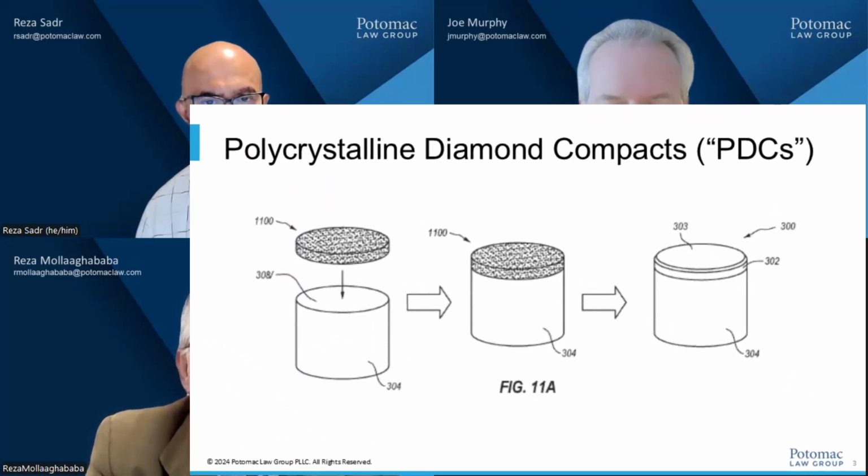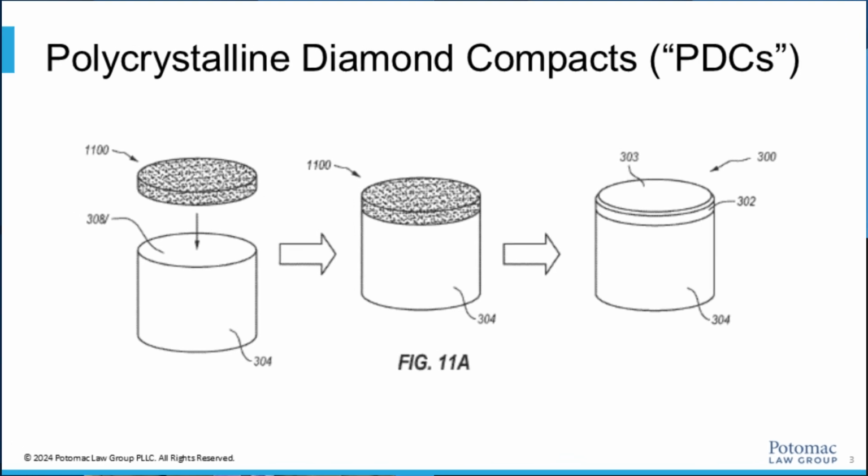The technology here is directed to polycrystalline diamond compacts, so-called PDCs, which are compacts made of polycrystalline diamond and a substrate. And these PDCs can be shaped as cylindrical parts, as we can see in figure 11 of one of the asserted patents, the 565 patent.